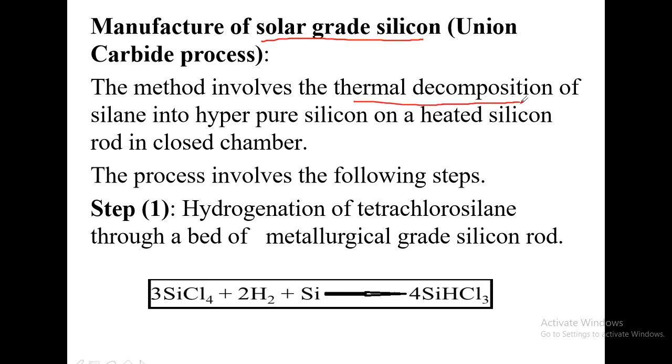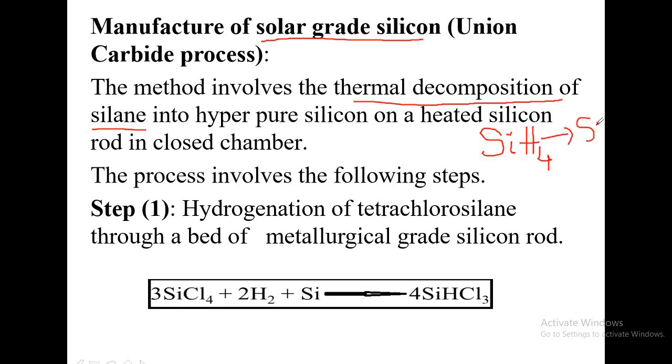So the method mainly involves thermal decomposition of silane. Silane is nothing but SiH4, silicon tetrahydride. When it is subjected to very high temperature, that is pyrolysis, or thermal decomposition, then silicon tetrahydride or silane is converted into hyperpure silicon.